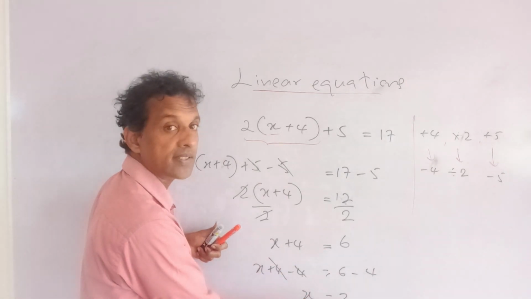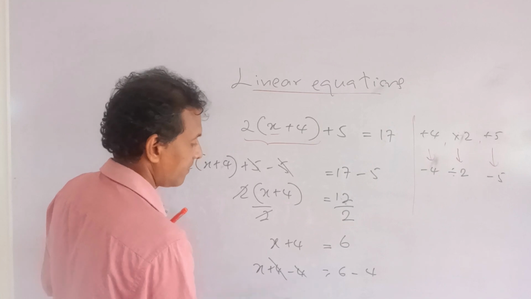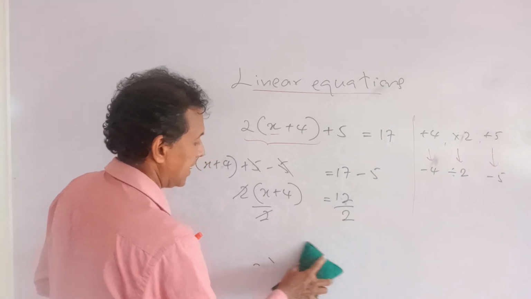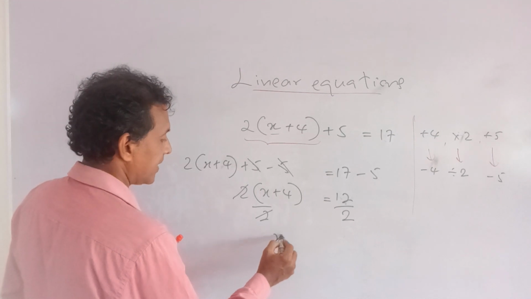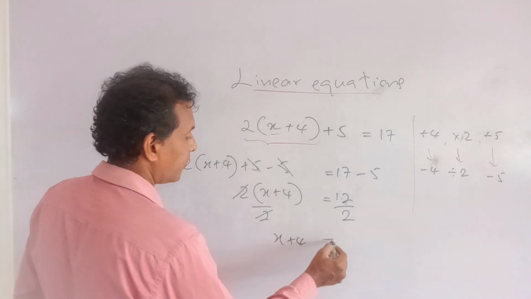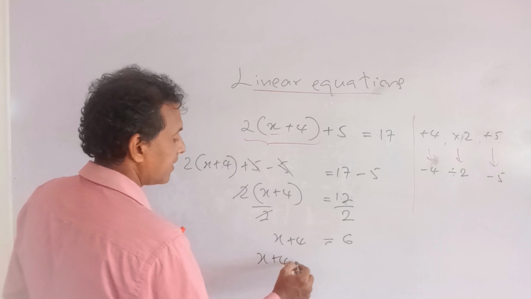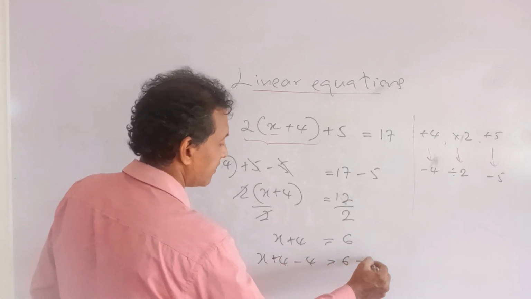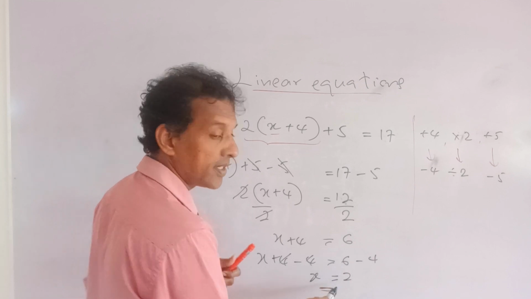So this is the answer, x equals 2. So x plus 4 equals 6. Subtract 4 from both sides. So we have x equals 2 here.